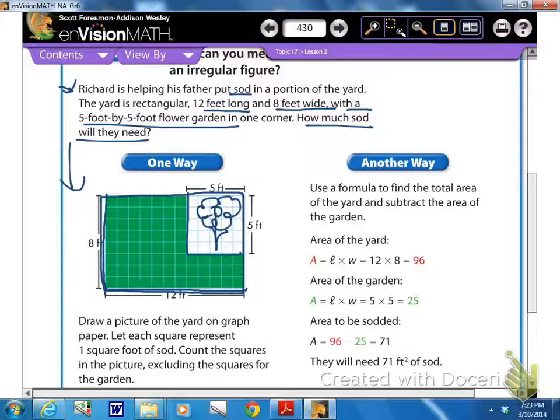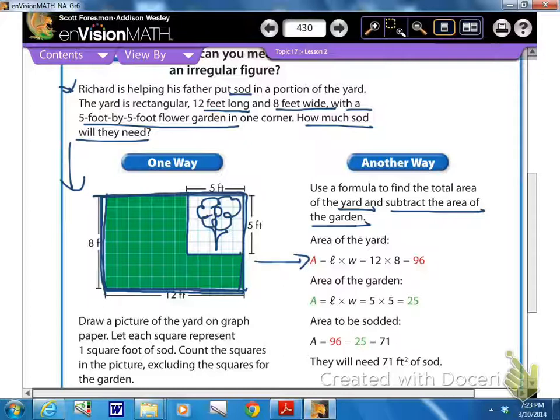So we've got to find the area of the yard that we want to put the sod in, so that would be the yard without the garden. We have to subtract the area of the garden. We can find the total because we know how to find the area of a rectangle, and this whole shape is a rectangle including my flower garden. So that's what they show here.